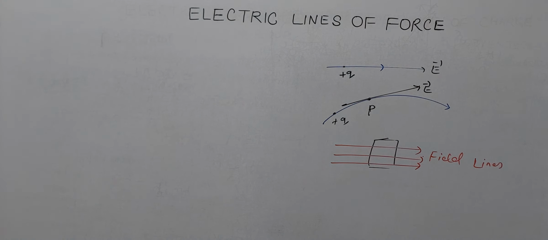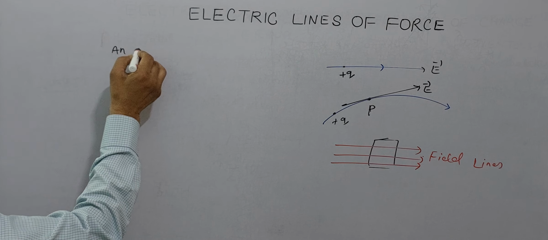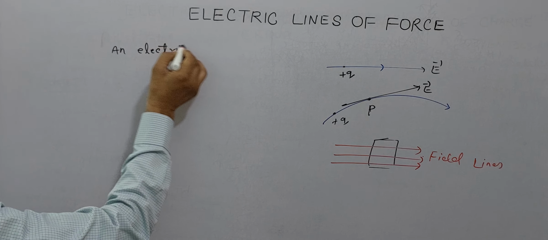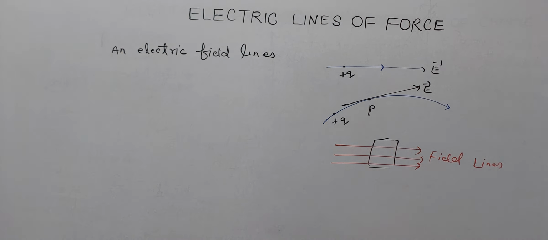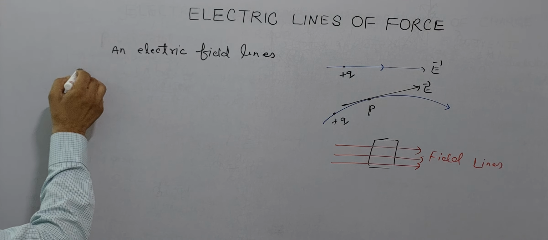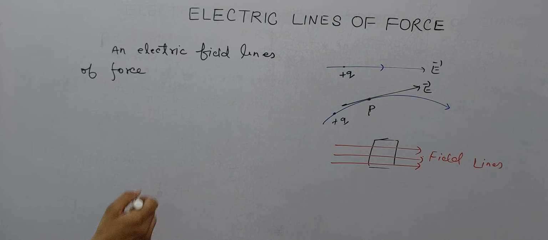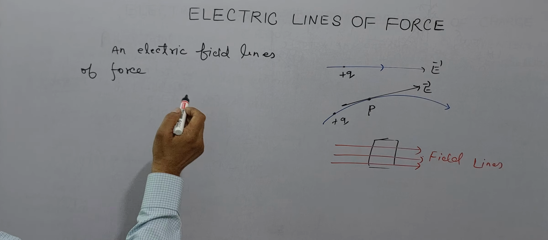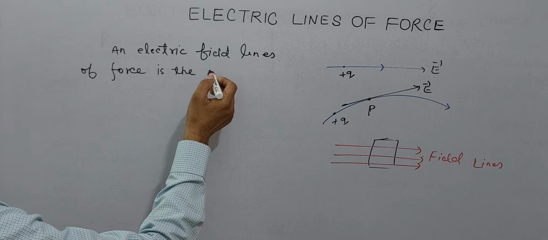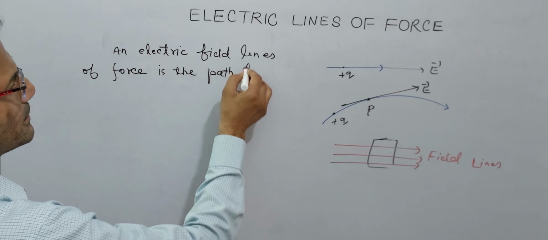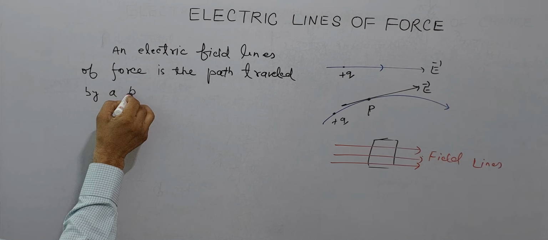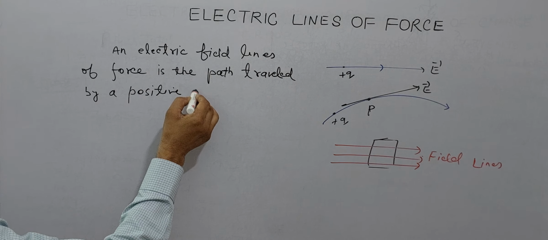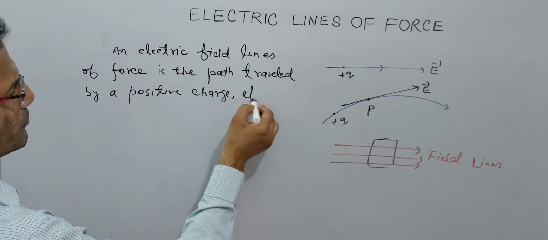A definition of the electric field lines: electric field lines of force is the path traveled by a positive charge if let free to move.